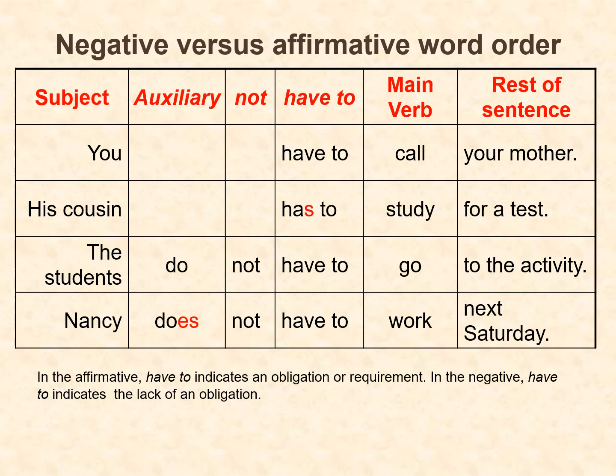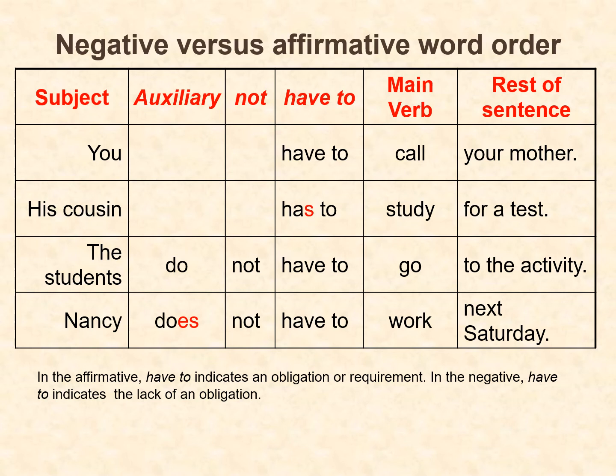So we get, for example, you have to call your mother. His cousin has to study for a test. Because his cousin is what we call third person singular, it refers to he or she, then we use the form has instead of have.